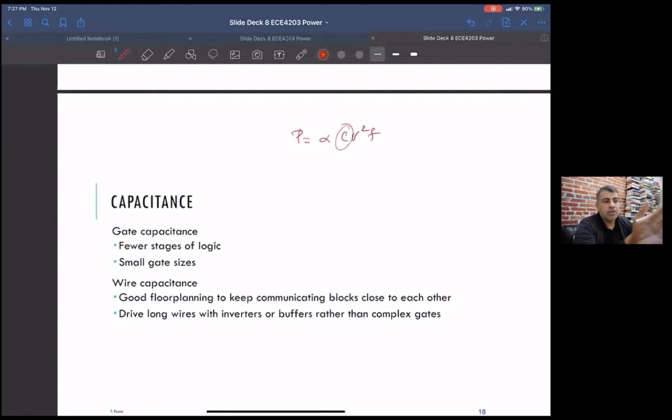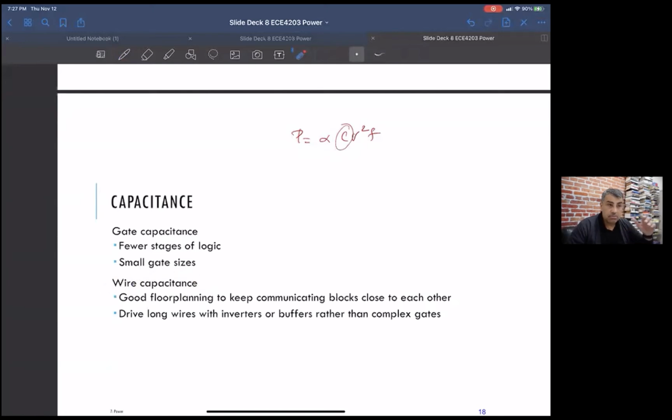The problem is that by the time you design all of them and add all the power of the whole chip together, it blows up on you. Anyway, sorry about that rant. So oversizing the gates and having too much logic, too many stages of logic, you have to be careful with that. Another thing which we have not looked at yet is the capacitance of the interconnect.